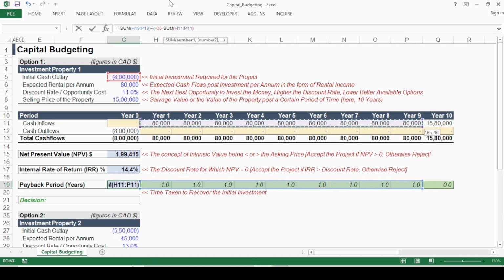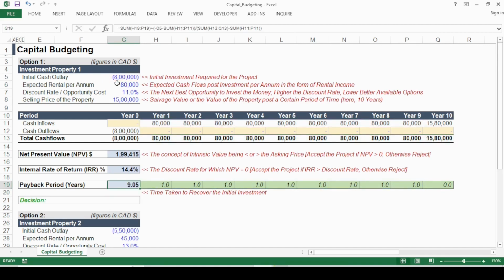So this is going to give me the amount that is remaining to recover the total initial investment, and after this I will divide this by the sum of all the cash flows till year 10, and then I will subtract the sum of the cash inflows till year 9, and then I will add a bracket here and one bracket here.